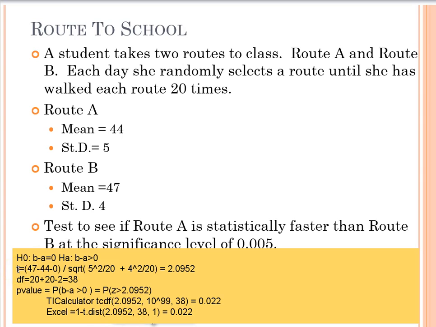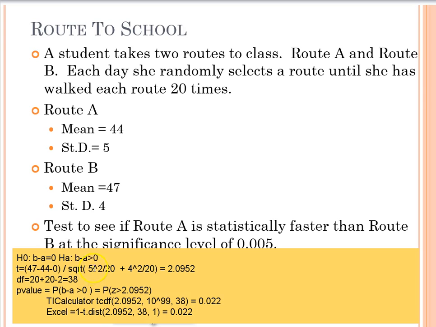The next step is to calculate the t-score. Again, I put Route B first just because it's larger, so I can be consistent in my interpretation. So Route B goes first, Route A goes second, and then I subtract off the hypothesized value that there is no difference between these two routes. I'm then going to divide by the standard error of the sampled differences.